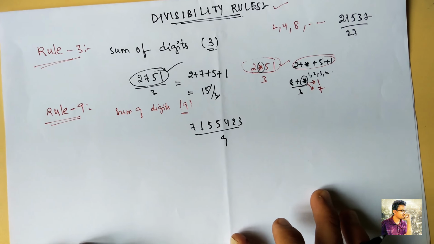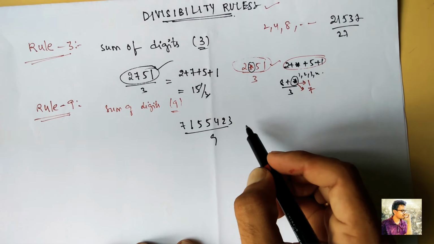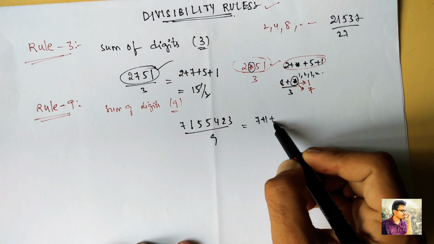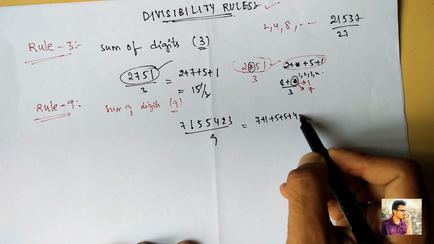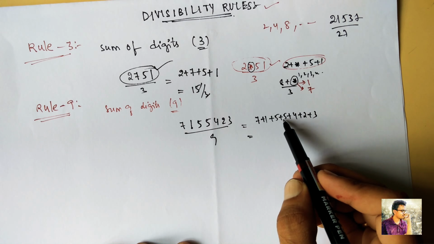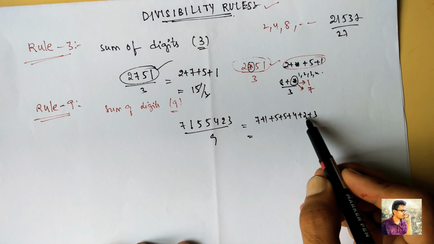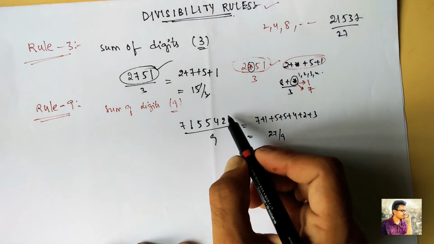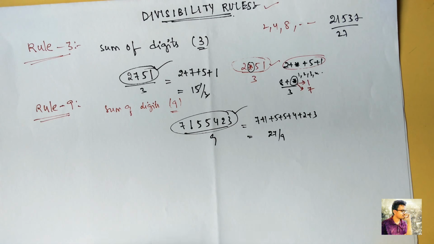To check whether this number is divisible by 9, you simply add each and every digit of the number, that is 7 plus 1 plus 5 plus 5 plus 4 plus 2 plus 3, which gives 8, 8 plus 10 is 18, 18 plus 4 is 22, 22 plus 2 is 24, 24 plus 3 is 27, which is divisible by 9. So this number is divisible by 9.